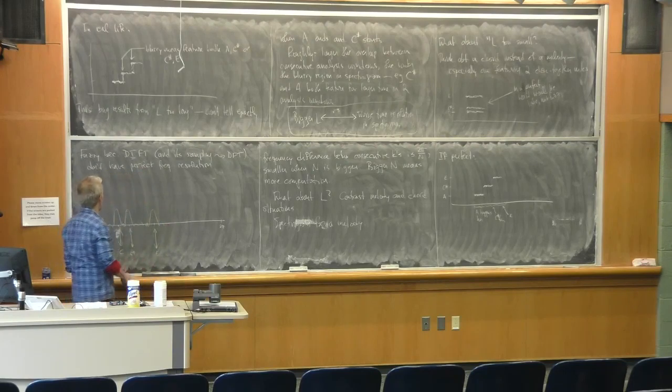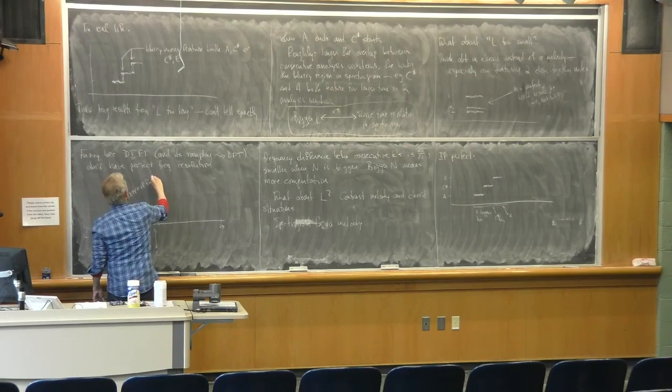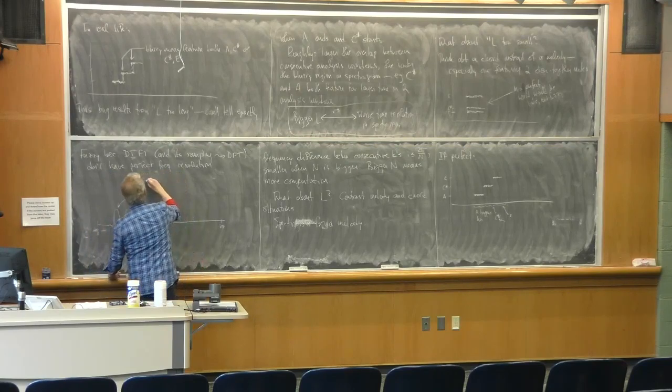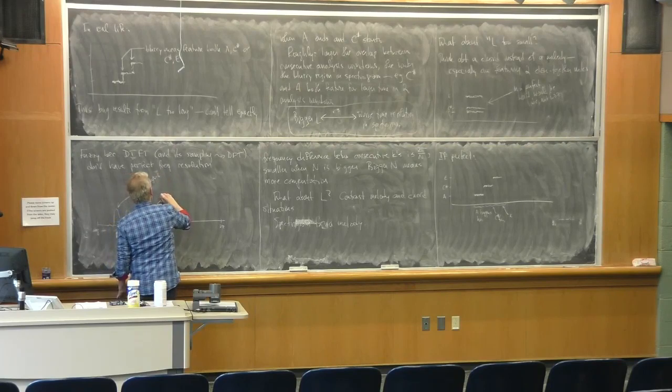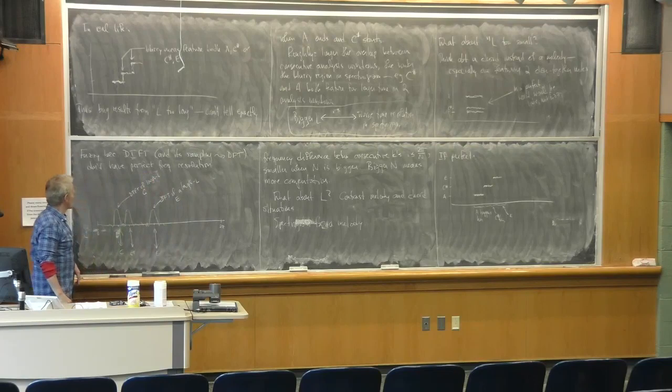So these are like, this is a DTFT of a finite duration of a length L. Let's be really specific. This is the DTFT of a length L C, this is a DTFT of a length L E, and this is a DTFT of a length L C sharp.